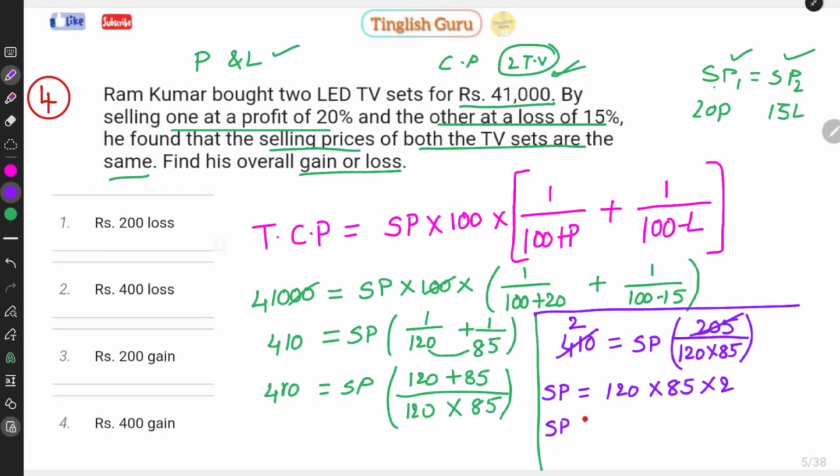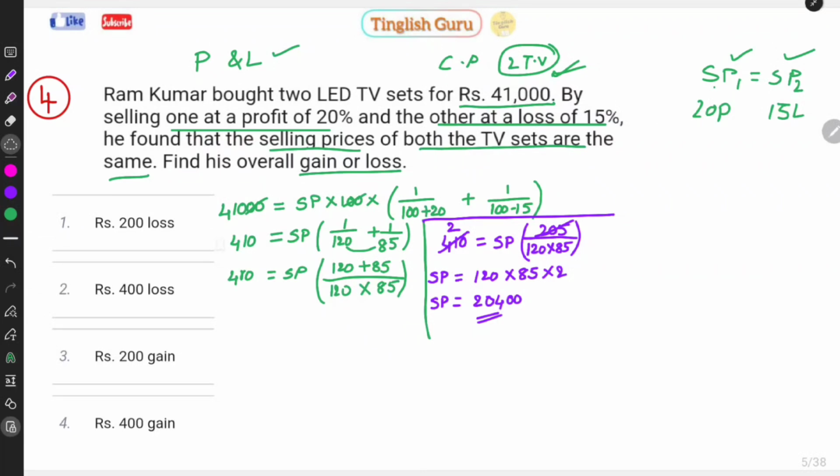So finally our SP will become 20400 after multiplication. Now our total cost price is 41,000 and our total selling price is 2 times of this SP, that is 40,800.